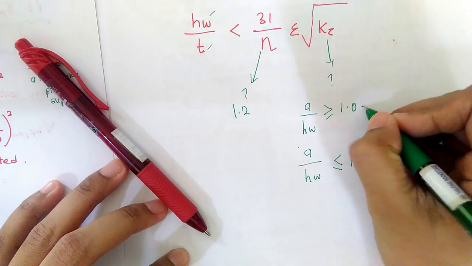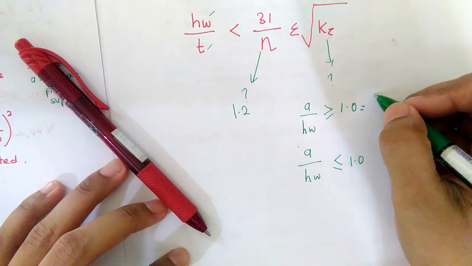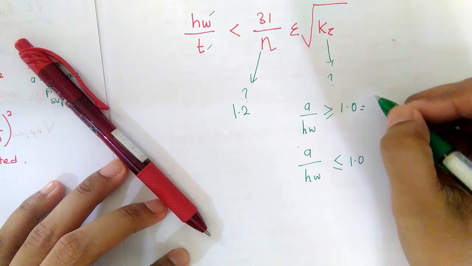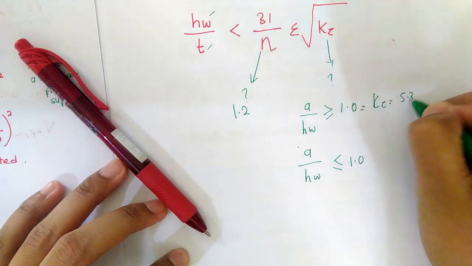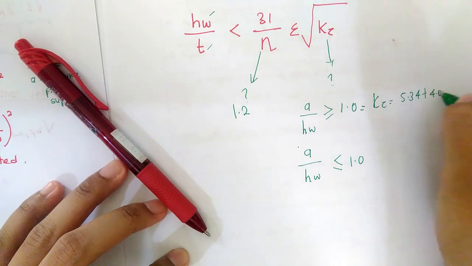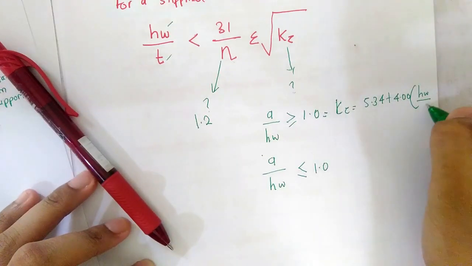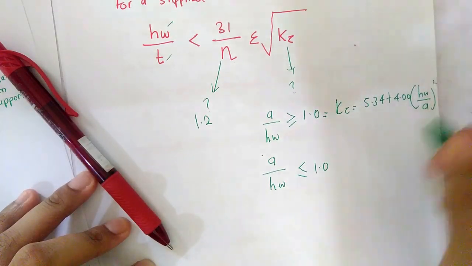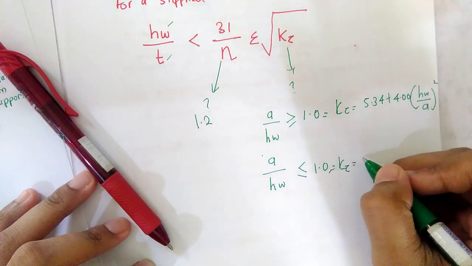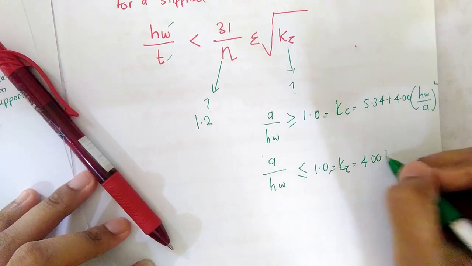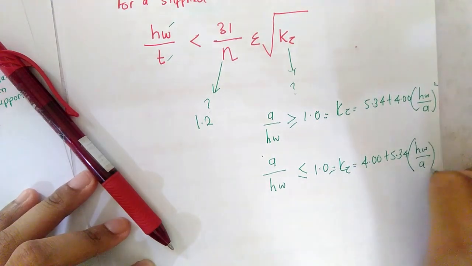The parameter in this particular case is given in clause 5.1 as k tau equals 5.34 plus 4.00 (hw over a) squared, and for the other condition, k tau equals 4.00 plus 5.34 (hw over a) squared.